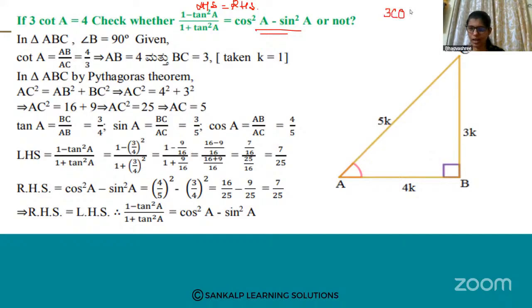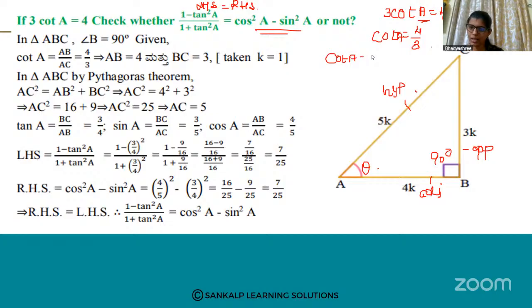At point A, theta lies. Here it is 90 degrees. That means this is the opposite side, this is the adjacent side and this one is the hypotenuse, right? We'll transfer this 3 to this side. Cot A is equal to 4 divided by 3. So cot A means what?